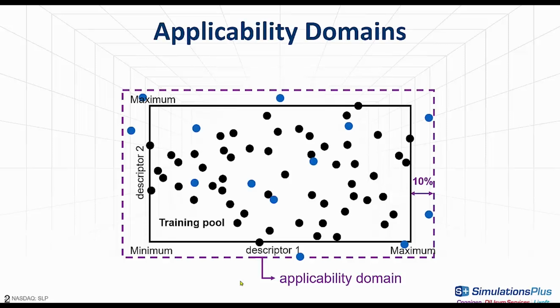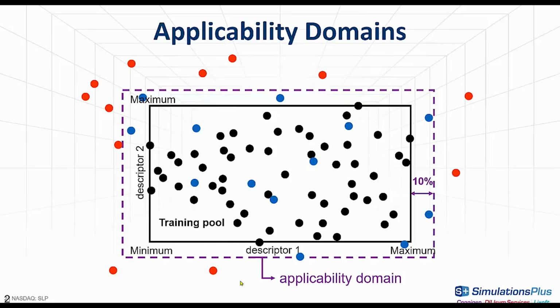And then when you predict an arbitrary molecule, if all of its values are within the minimum and maximum value of the applicability domain of the training set, then those are said to be in-scope predictions. So they're inside the minimum and maximum value for each one of the descriptors.